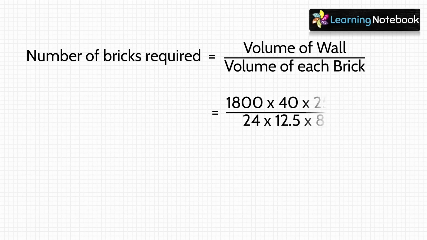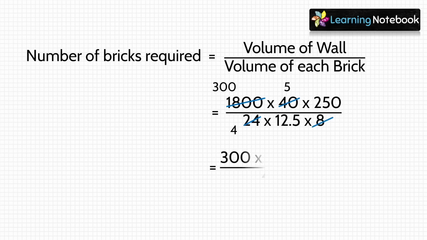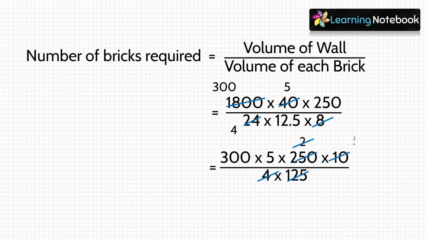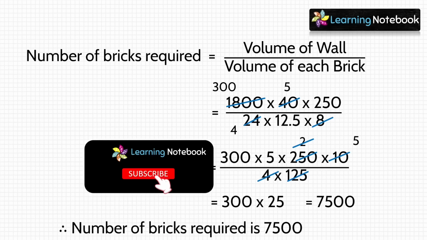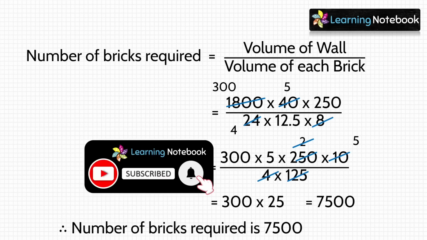So let's put the respective values here and simplify as shown here. So we get number of bricks required equals to 7,500. So students, in this way we can solve questions on volume.